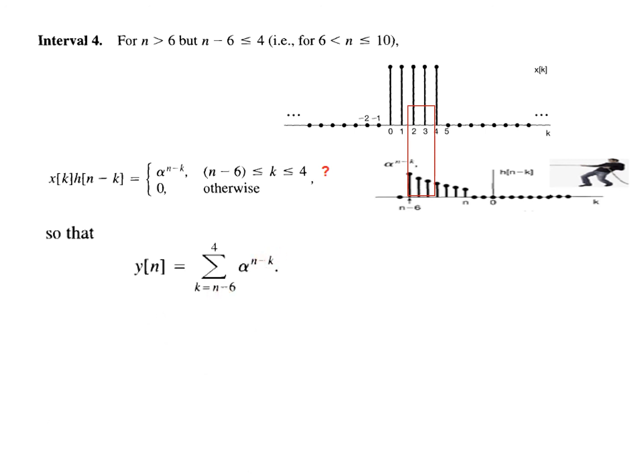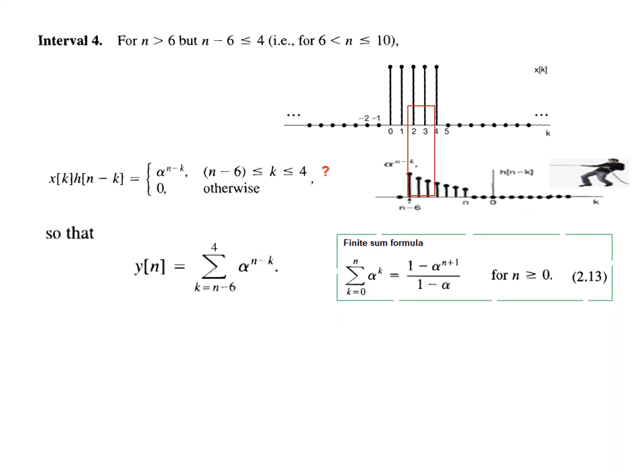And this is the signal. We'll use the formula, but you can see there is a difference. Here the formula is starting from k equal to 0, but here it is from k equal to n minus 6. So we'll apply a technique called shifting of indexes. For that we want this to be 0, so k minus n plus 6 should be 0.